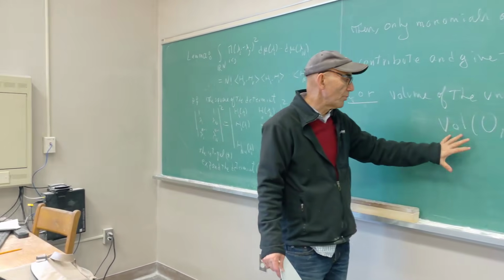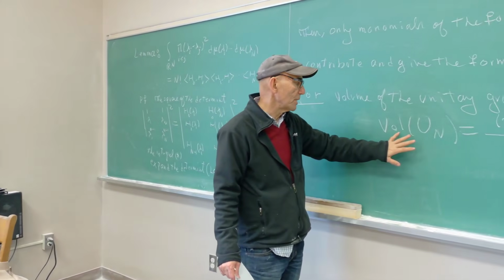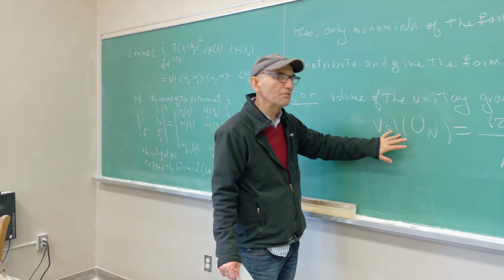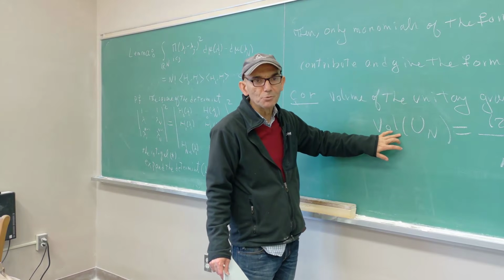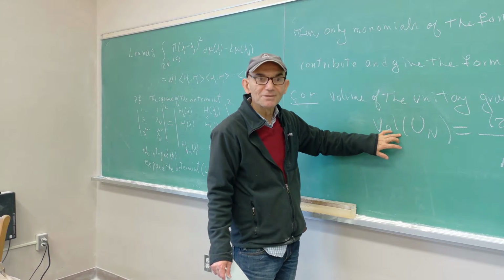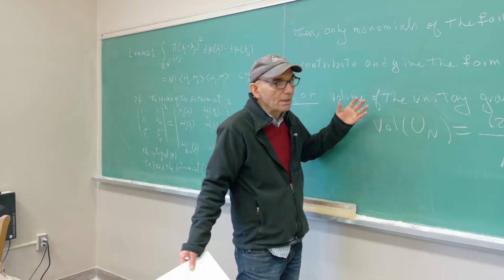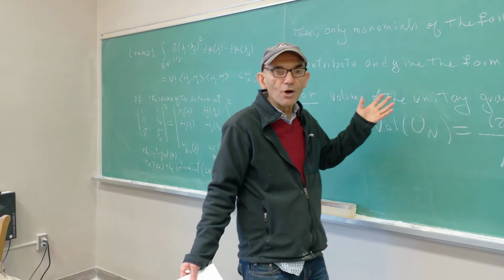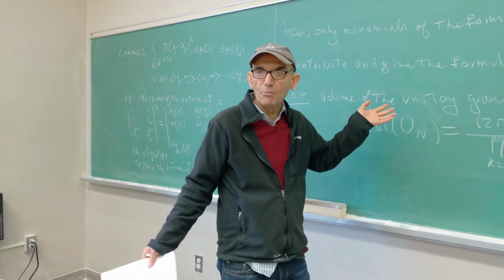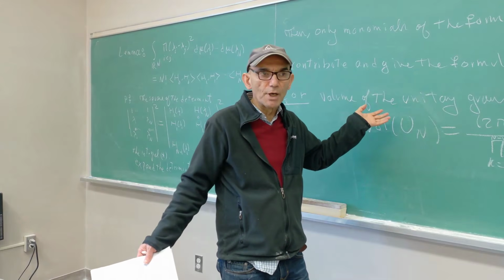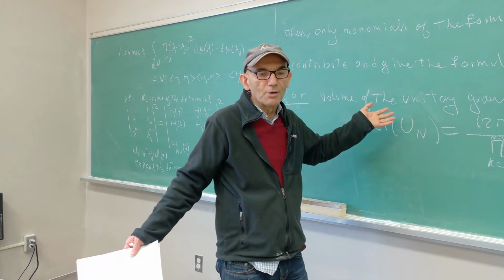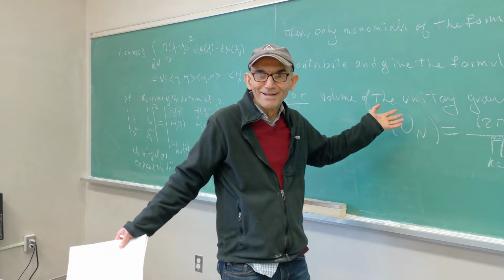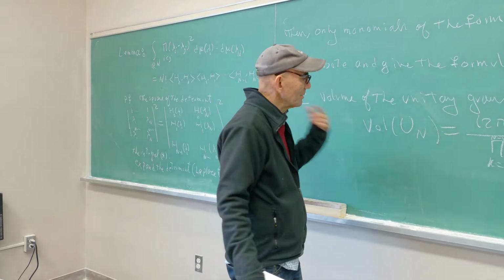Now, as I said before, we have to be careful and know what they mean by volume of the unitary group with respect to what measure, because there is a normalized Haar measure on the unitary group, because it's a compact Lie group of dimension n squared. So the normalized Haar measure has volume 1. That's not a big deal.